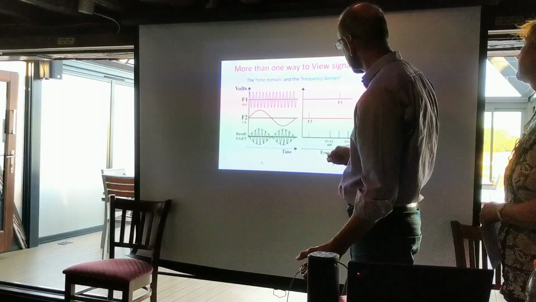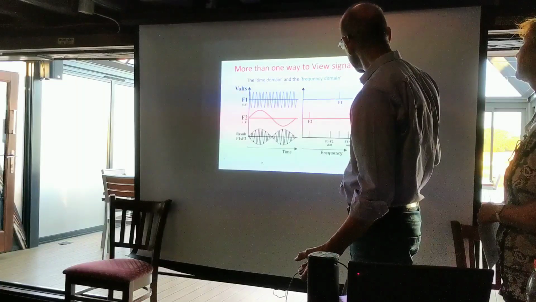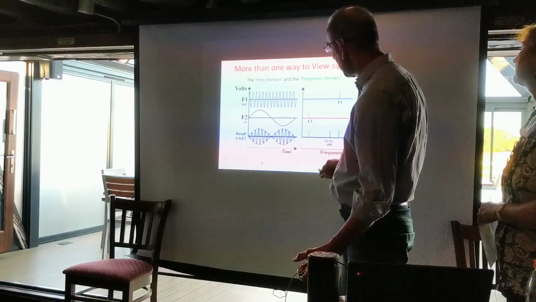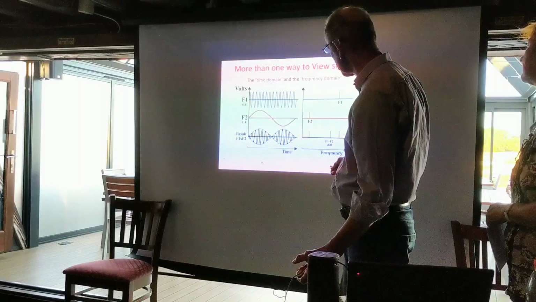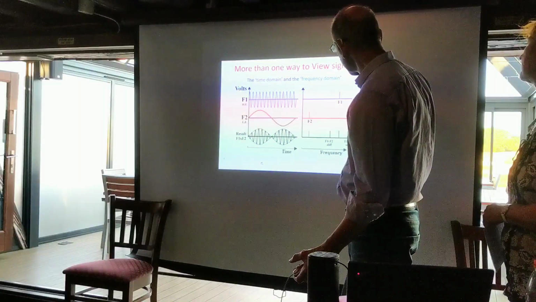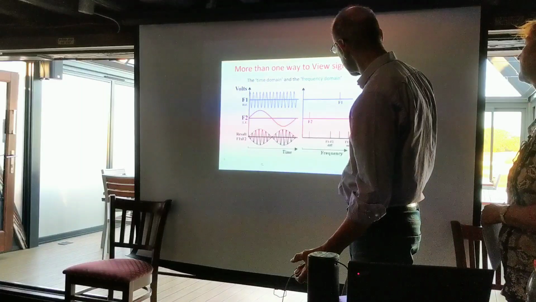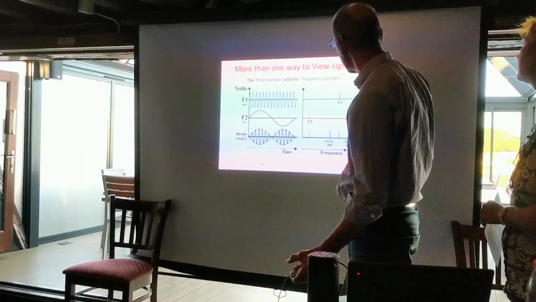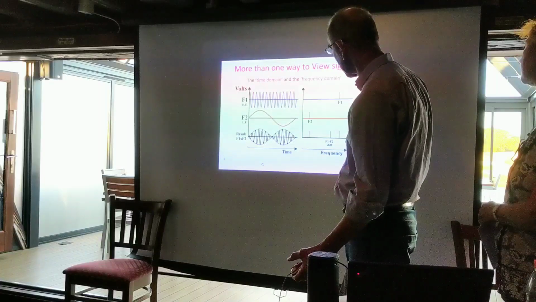And you can see this is a fast moving sine wave, so it's high frequency, so it's at this end of the graph. Here we have a second frequency, which is much lower, sine wave again, and you can see that is demonstrated by this spike, which is near the origin of the graph, so that's a low frequency.